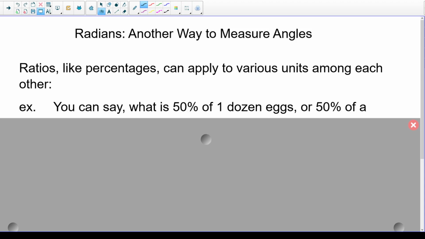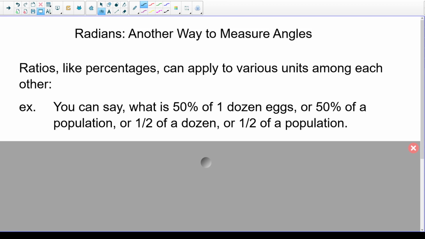So for instance, I can say what is 50% of 1 dozen eggs, or what is 50% of a population. 50% is a percentage or a ratio. It can be put in front of any other unit because itself, it doesn't have a unit. It's just telling us a proportion of the thing that we're talking about, right?